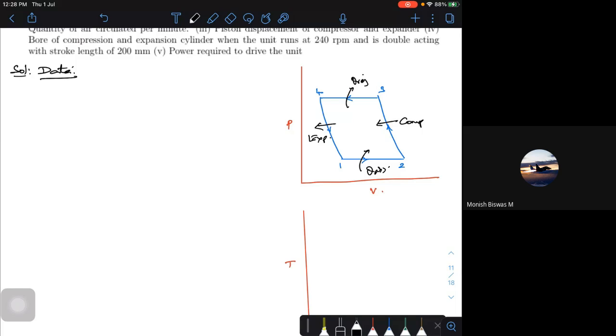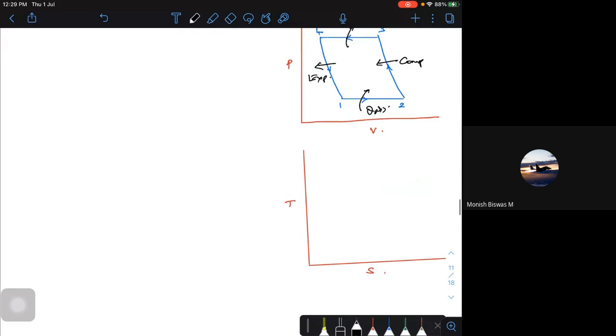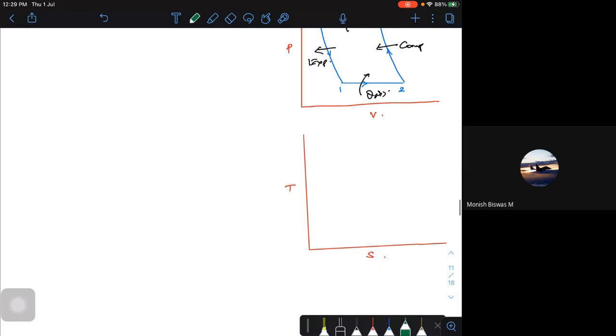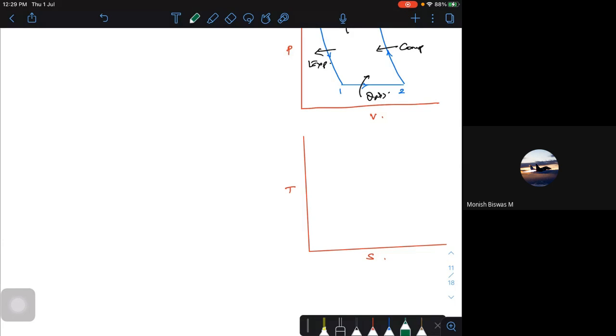Now let us put the TS diagram, so we can understand what exactly is there. You have the compression, expansion, all those things. I have 1 to 2, which is the constant pressure process. Then 2 to 3 is an isentropic compression.